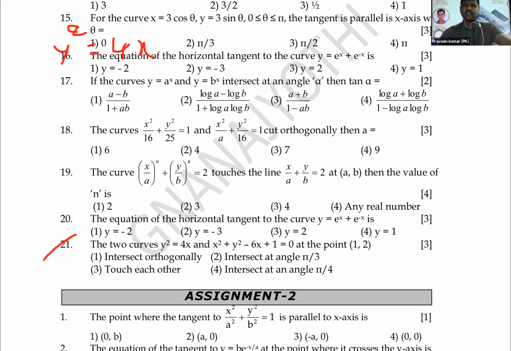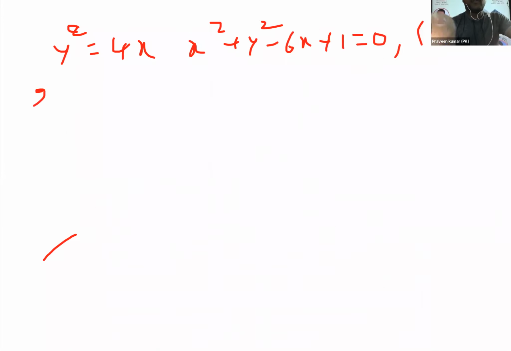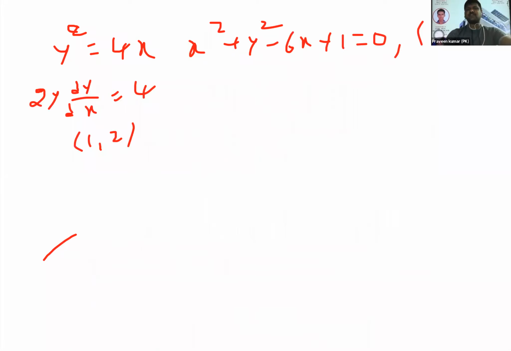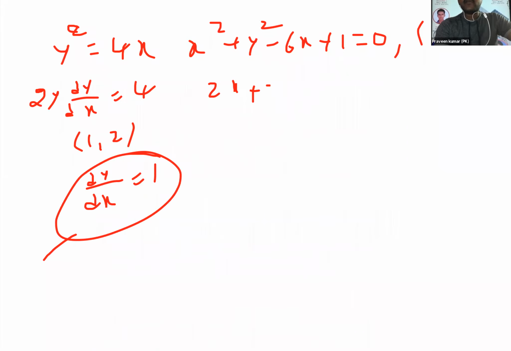Question number 21. They have given y square equal to 4x and x square plus y square minus 6x plus 1 equal to 0 at the point (1, 2). We'll see. 2y dy by dx is equal to 4. Substitute 1, 2 in place of x and y. Then dy by dx will be 1. Here 2x plus 2y dy by dx minus 6 equal to 0.